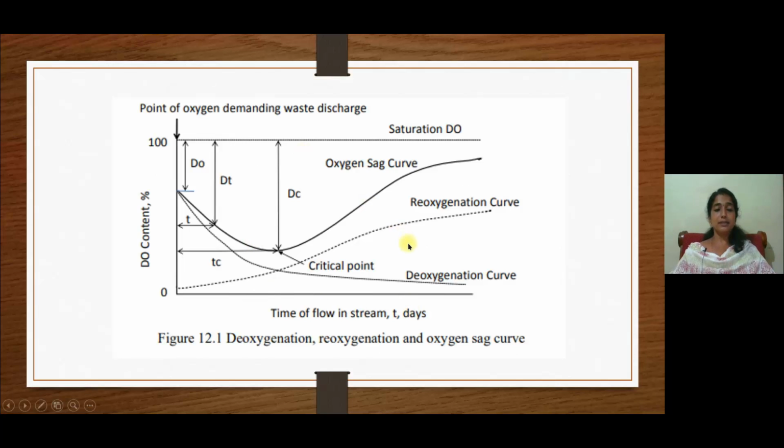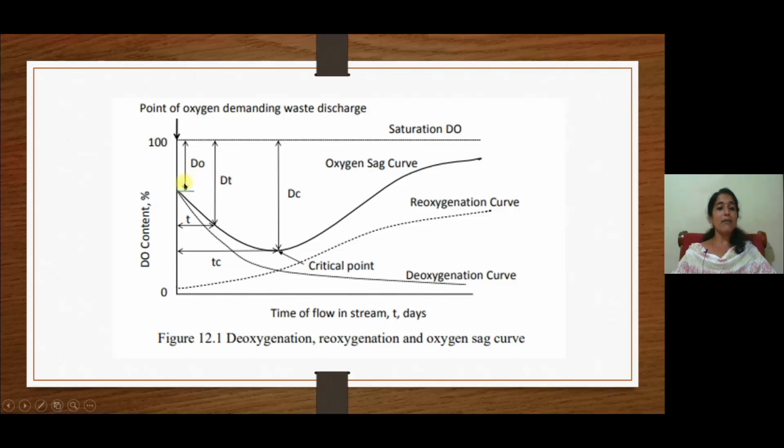Then this graph shows the deoxygenation curve, reoxygenation curve, and the oxygen sag curve. Here you can see at the point of disposal, a saturation DO line is shown, parallel to the x-axis, and at the point of disposal, the dissolved oxygen content will get reduced, that is the point D0, the oxygen deficit at the point of disposal.